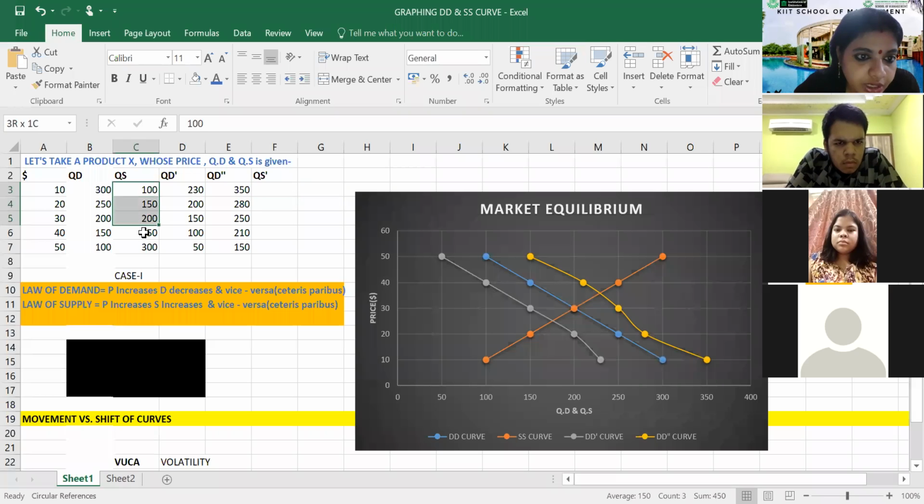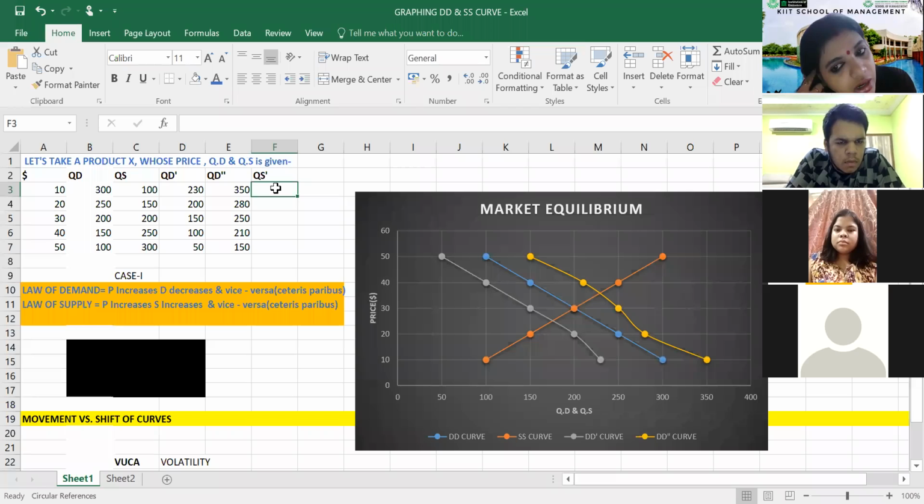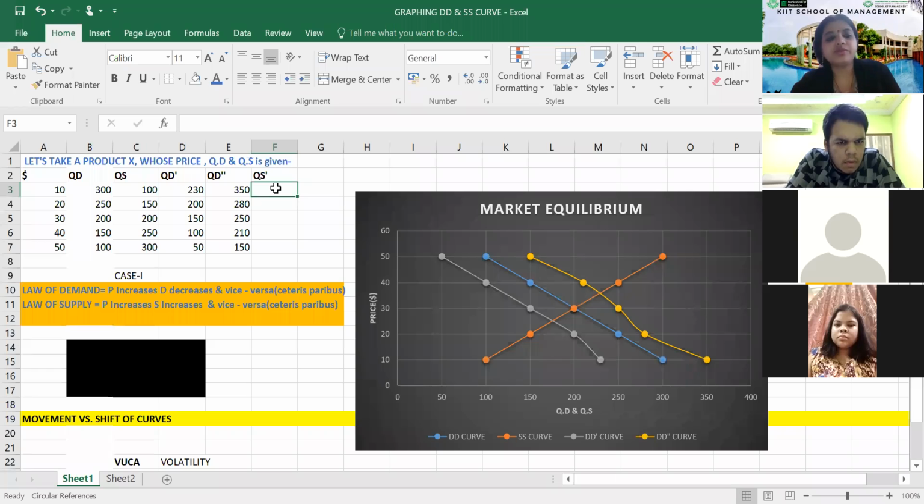This is our original data of supply. Now what should I give? If I want to make any sort of changes in supply, how much should I change?